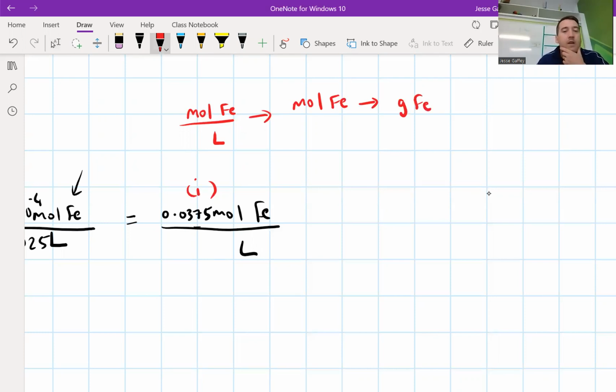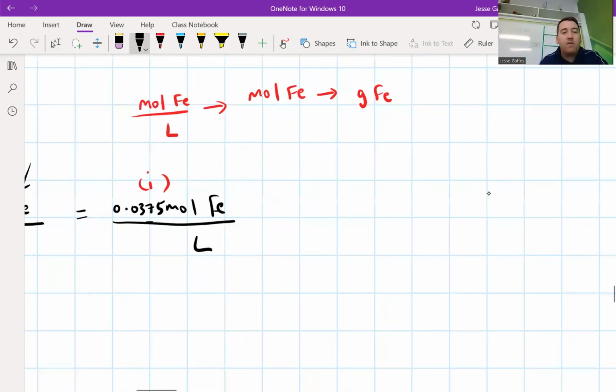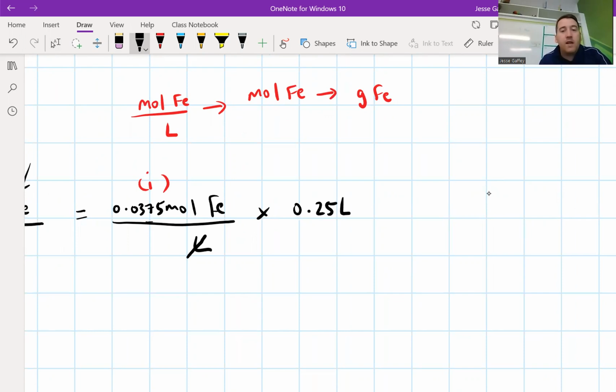All right, so let's go ahead and do this conversion now. We need to get rid of liters from the denominator because we don't have a full liter. We're going to go moles of Fe per 0.25 liters, so we're going to times this by 0.25 liters.